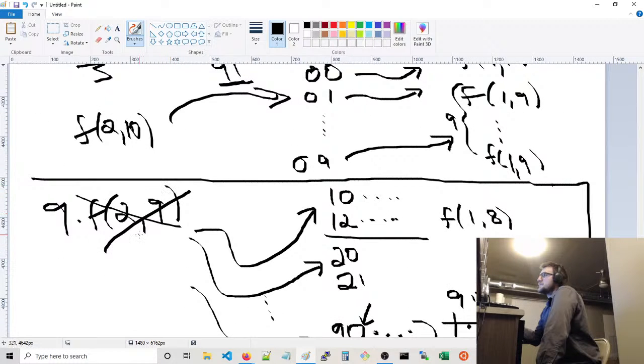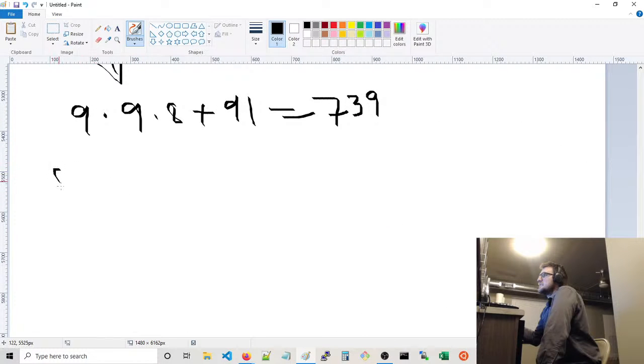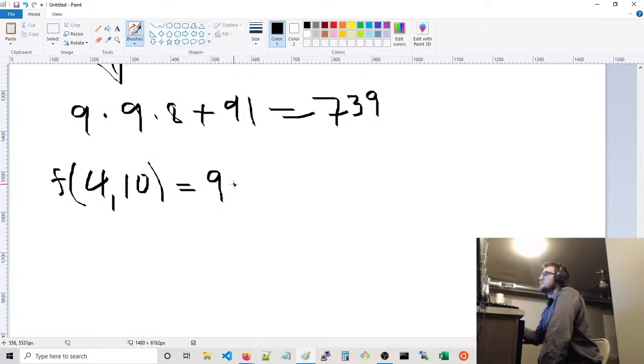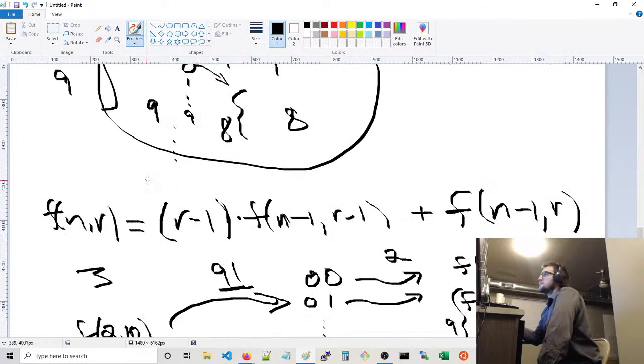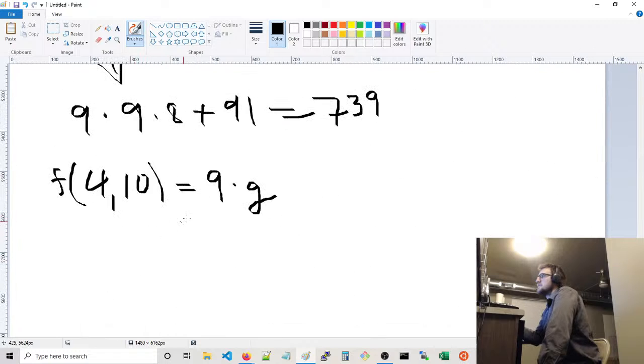we have 2 different functions here. Let's do f of 4, 10. It looks like it's going to be 9 times g of 3, 9, right?